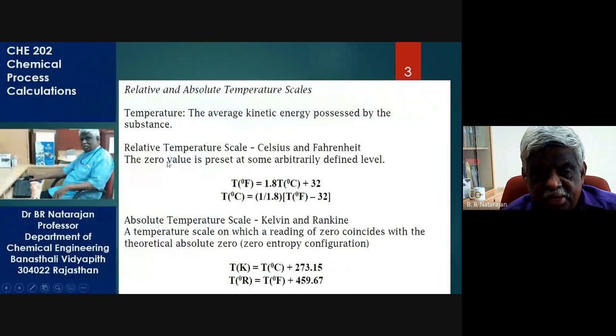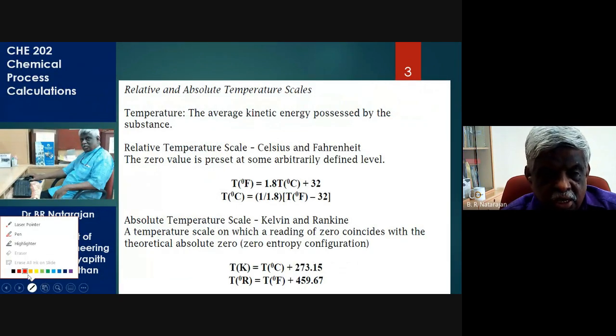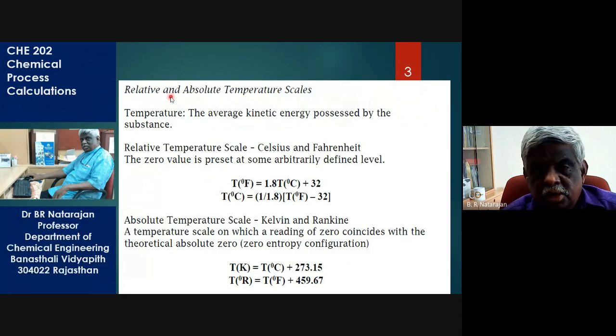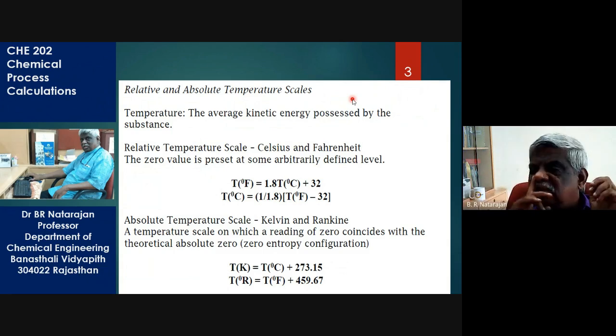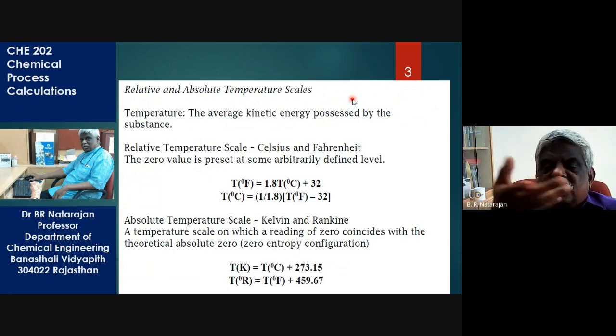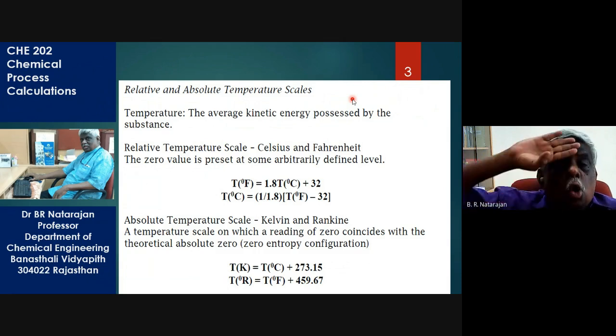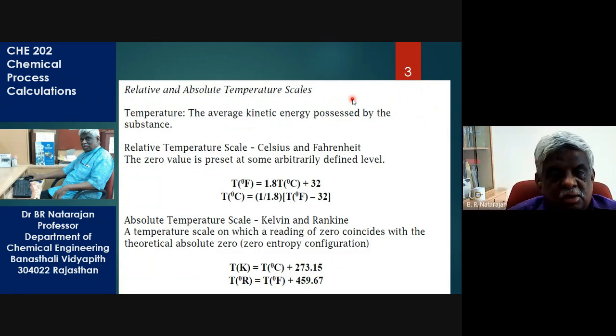Coming to temperature, as I just mentioned, we have relative and absolute temperature scales. What exactly is temperature? Temperature is not how hot something feels, like touching the body and saying it is fever.